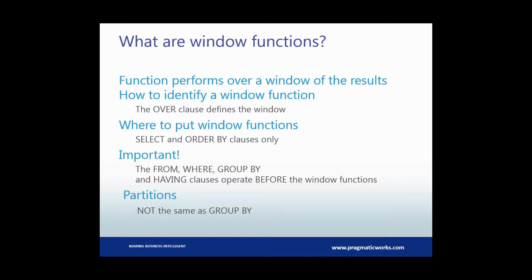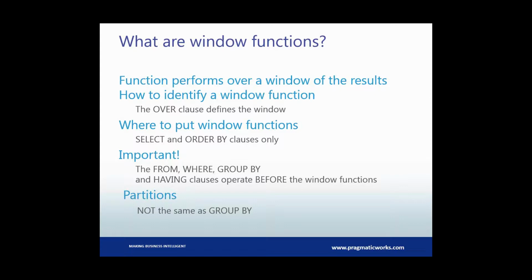Instead of having just one big window of all those results, we can also divide that window up into partitions. I do that based on a column or a number of columns, and then I can perform a calculation or use a function. This is not the same as a group by.